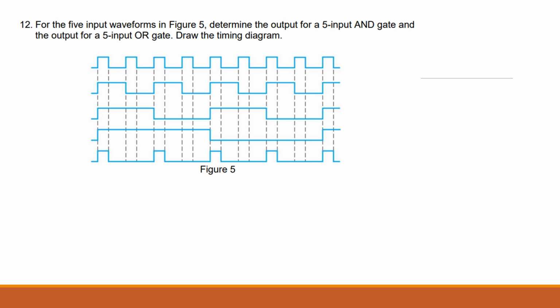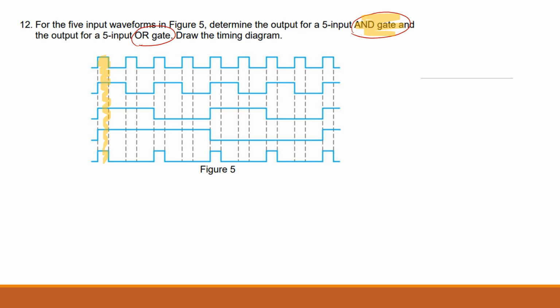Okay, so this one is OR and AND, so you need to do both again, okay? I'll give you time. Where do you see all ones? Here. We'll do AND gate first, okay?